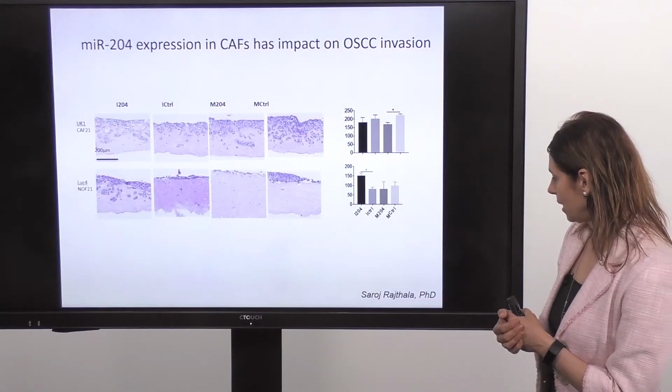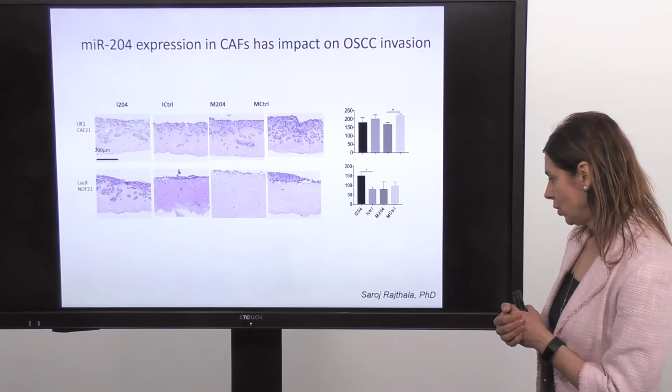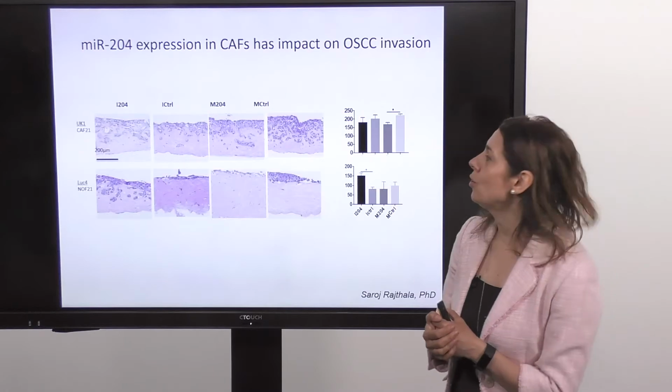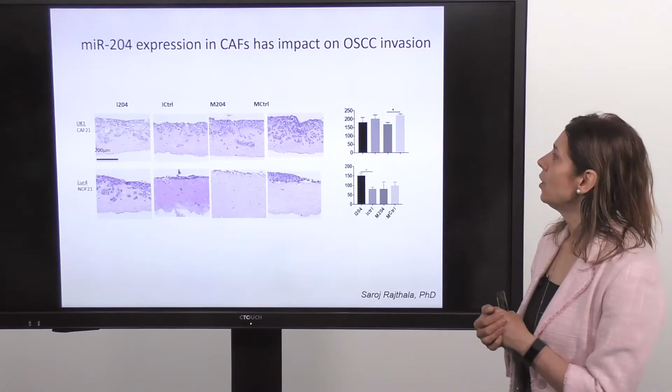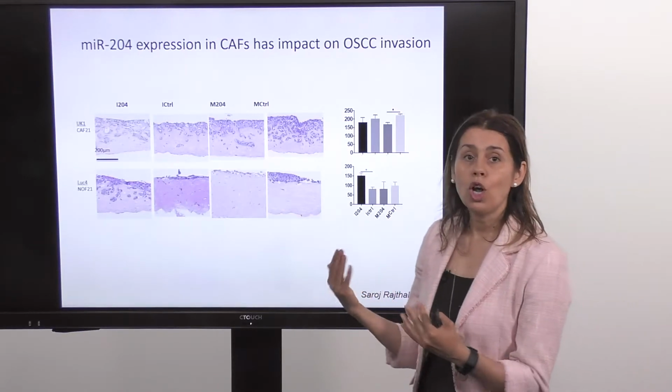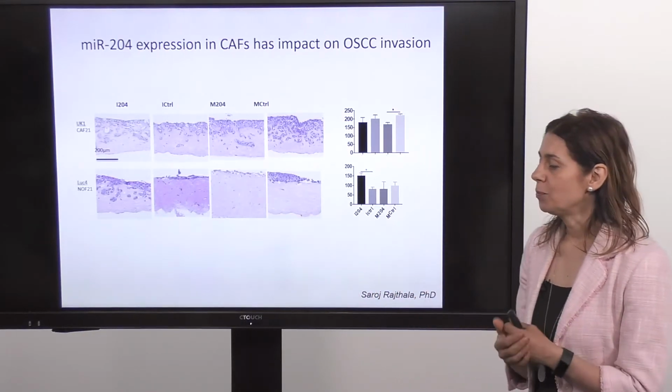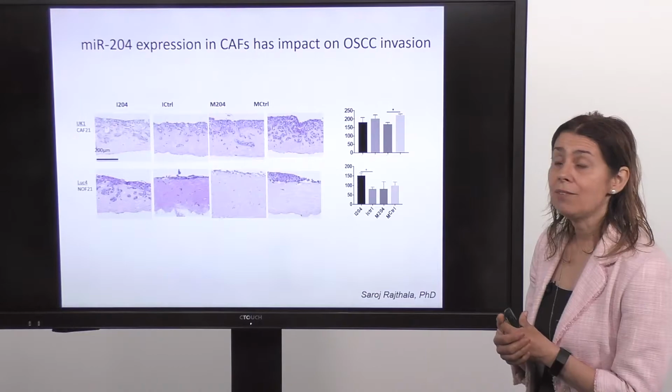This is our own study, which is now in revision, the work of Saroj. He used inhibitors and mimics of microRNA 204, which in silico has been shown to target integrin alpha 11.